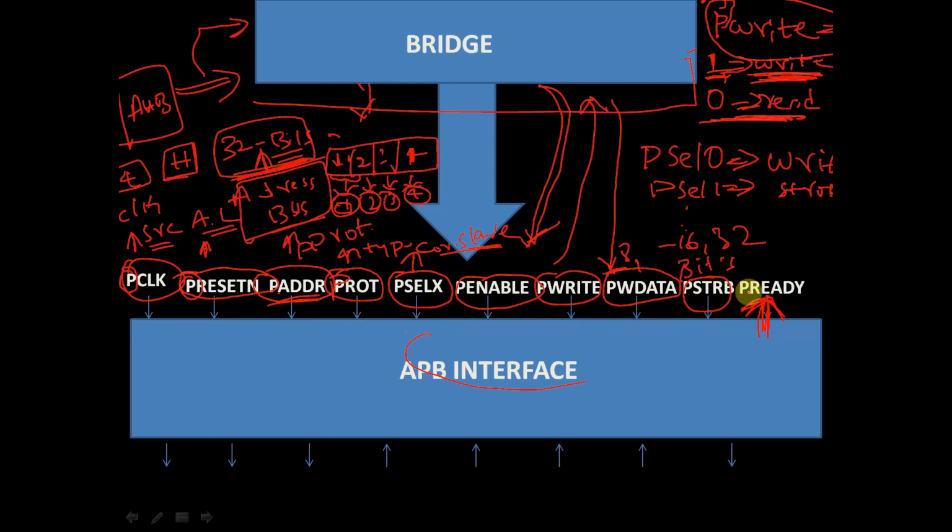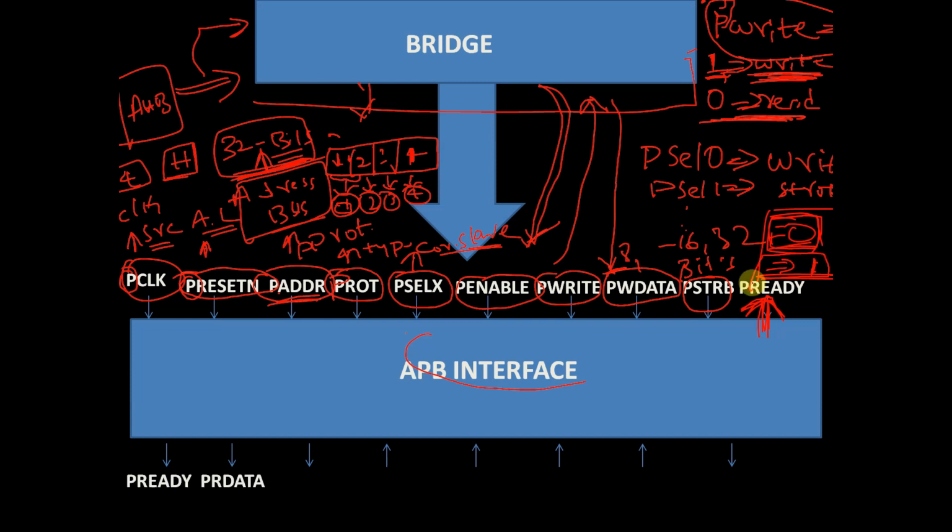We have already seen the HREADY signal in AHB. Similarly, the PREADY signal is also used to indicate the status of our APB interface. If PREADY is equal to 0, then our interface is not ready for any kind of transfer. It is still performing the previous operation. Whereas if it is equal to 1, then it is ready for accepting or sending the data.